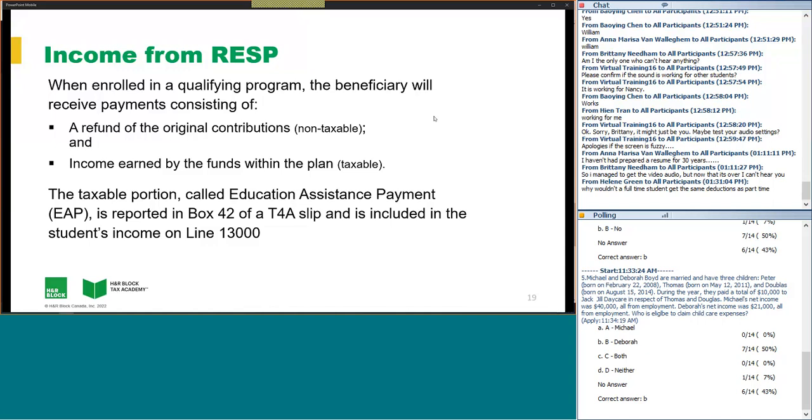If it goes to a student who is in school, the taxable portion is called an education assistance payment. It's reported on a T4A slip in a box 42, and that income belongs to the student. So the student will get a tax slip. Only the taxable portion will show up on it. It'll be a box 42 of a T4A slip, and it is the student's income. It is taxable income, and it goes on line 13000. Okay?